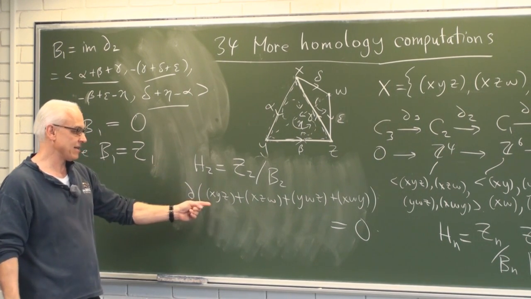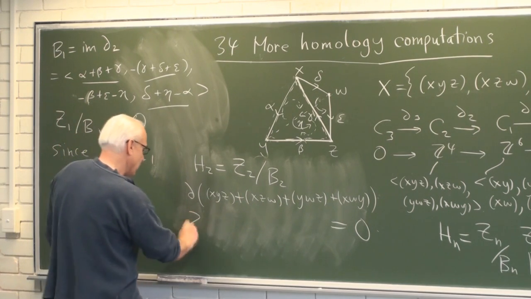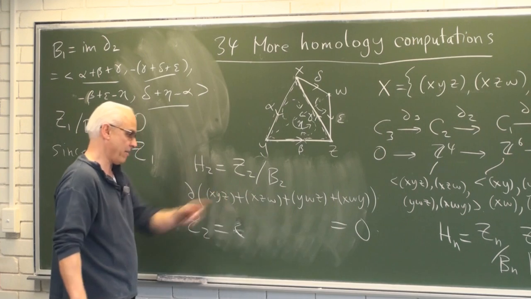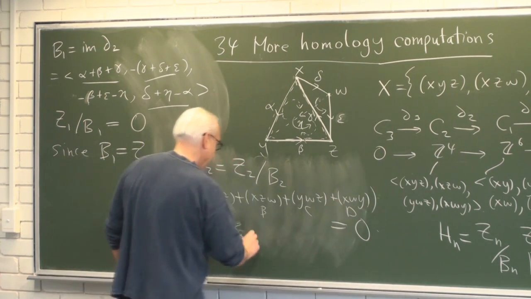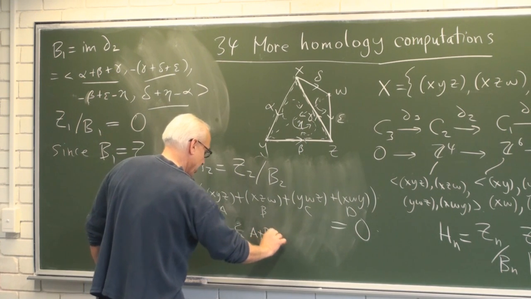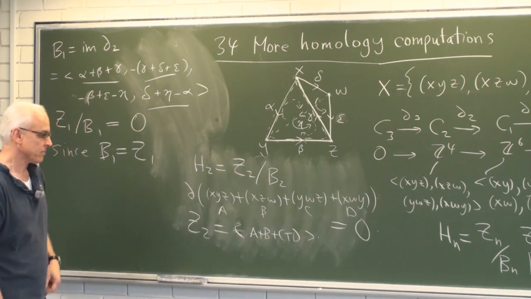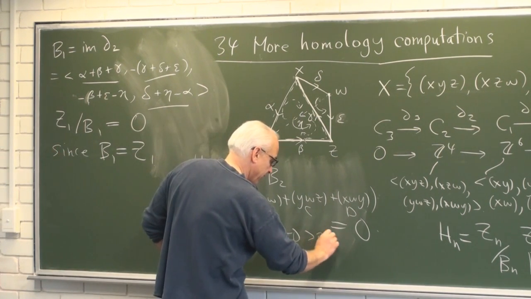So this is the generator of the cycles. Z2 is just generated by this particular combination. If I call these faces A, B, C, D for short, then I'm just talking about the combination A plus B plus C plus D. In other words, it's a single group, a single copy of Z.